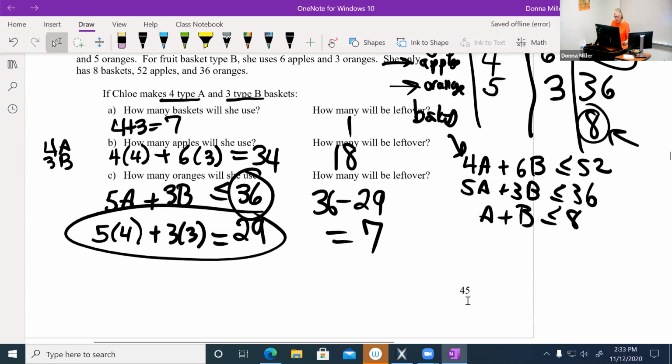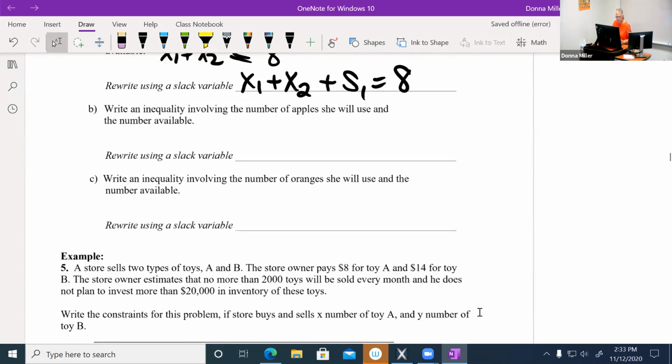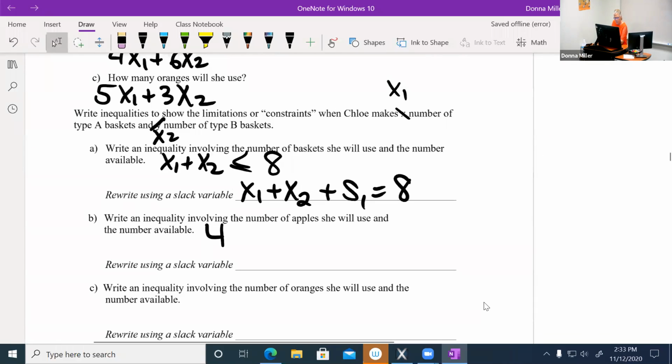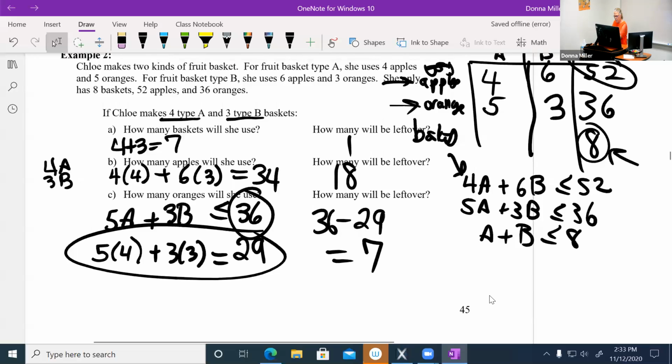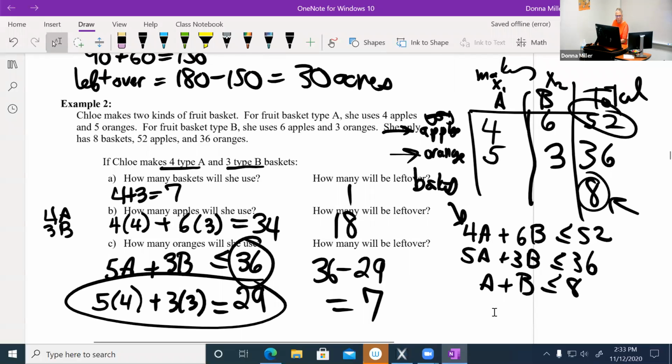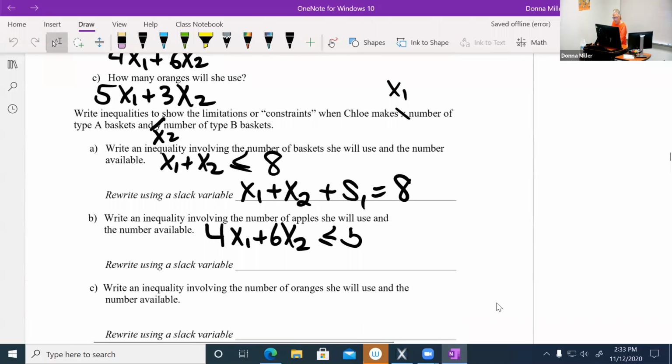Good. All right, so the apples. That would be this row, 4X1 plus 6X2. And I know that's less than or equal to the total number of apples, which, going to my chart, is 52. So using another slack variable, I'm just going to add a different one.